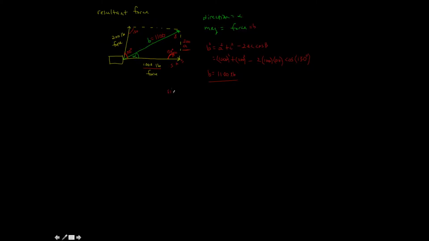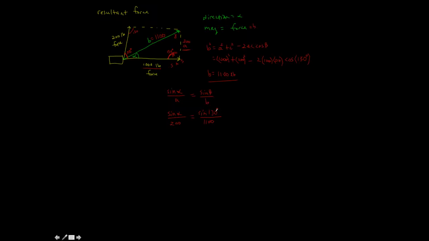So sine of alpha over A equals the sine of beta over B. We don't know sine alpha, so that's what we're looking for. But we do know A. A is 200. And we do know beta. That's 130. And we do know side B now, which is 1,100.